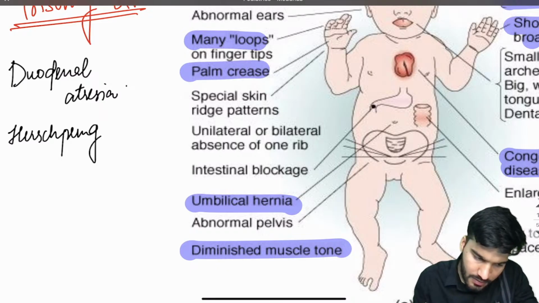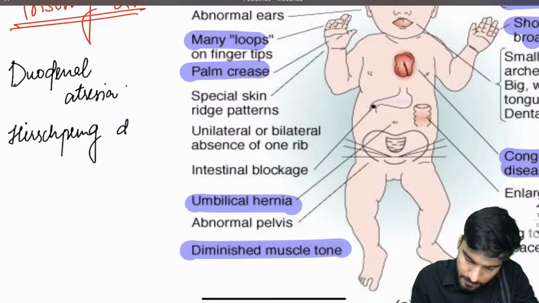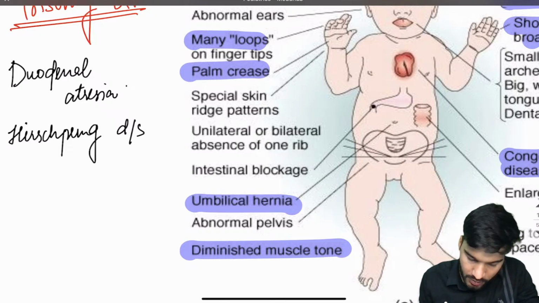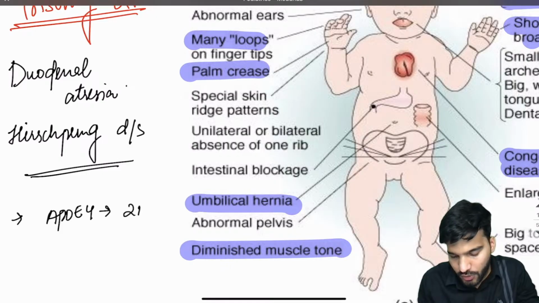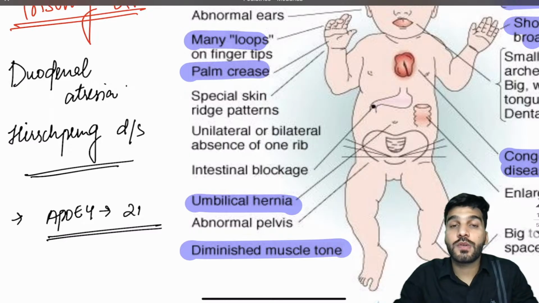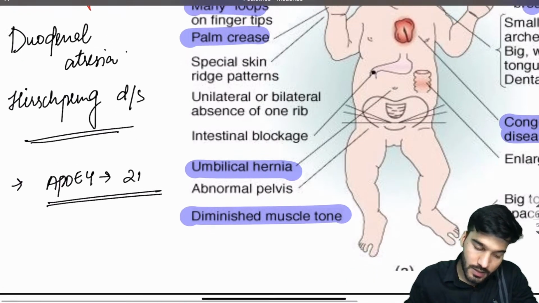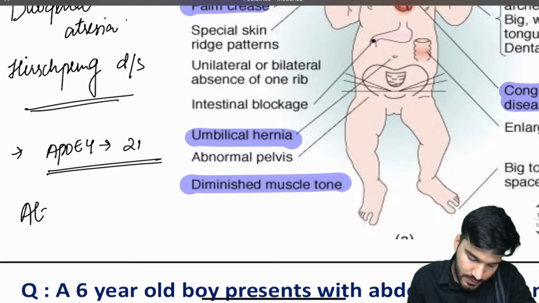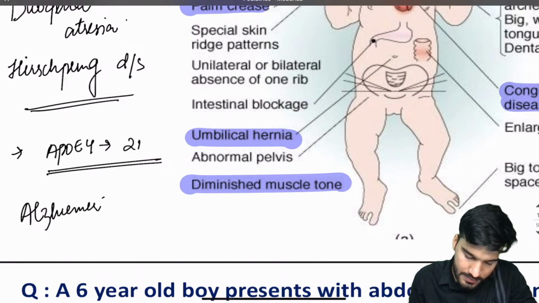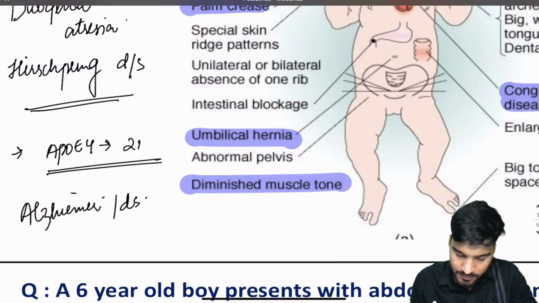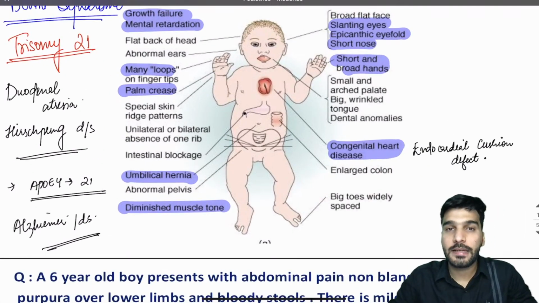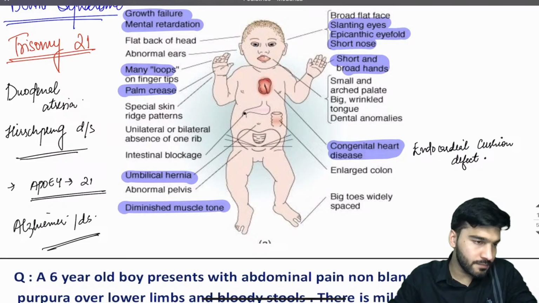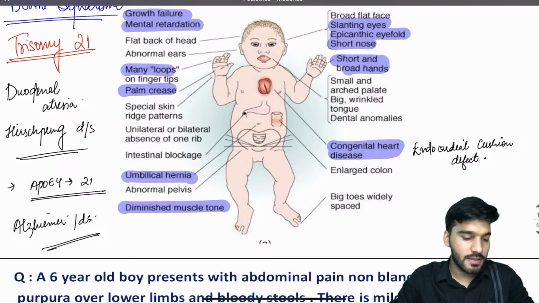And if we talk about Alzheimer's disease, the ApoE4 protein is on chromosome 21, and Down syndrome is trisomy 21. So Down syndrome patients can have Alzheimer's disease as well. Clear? Yes, everyone.